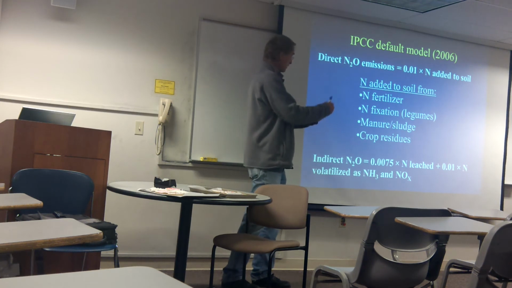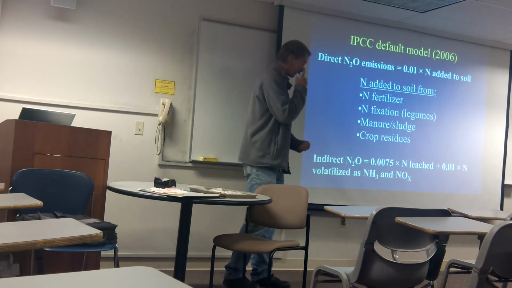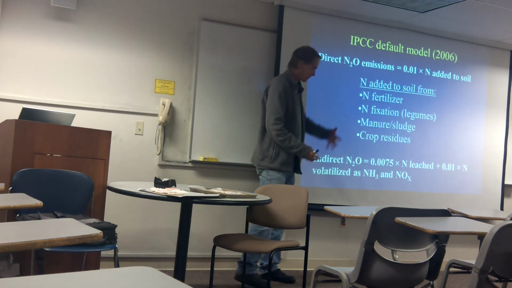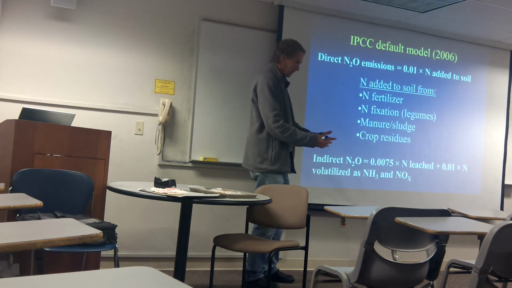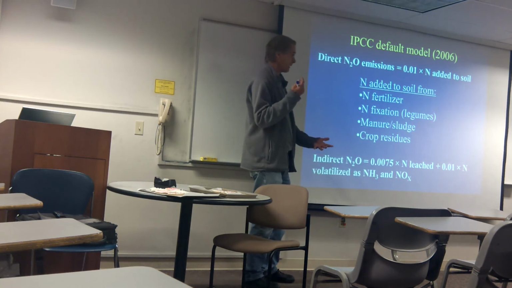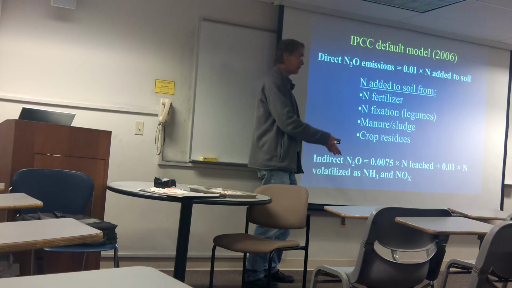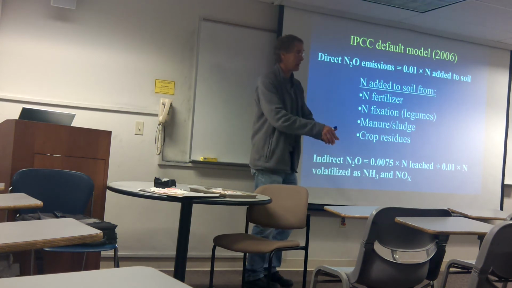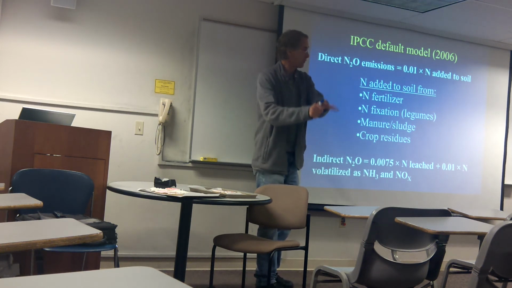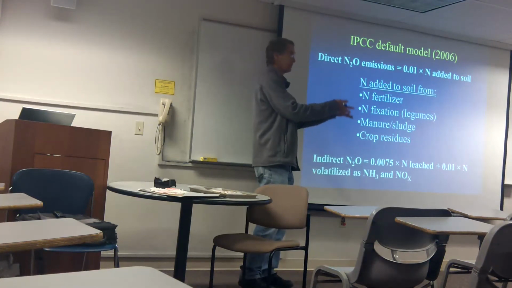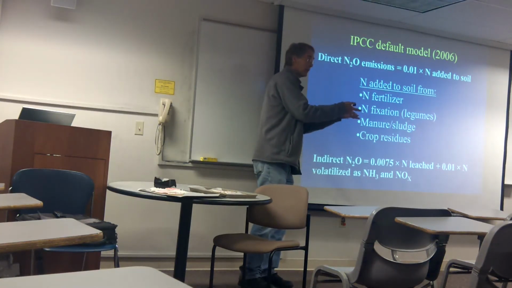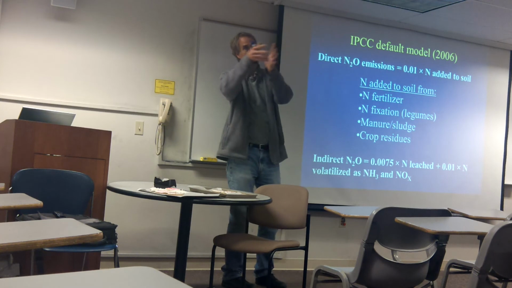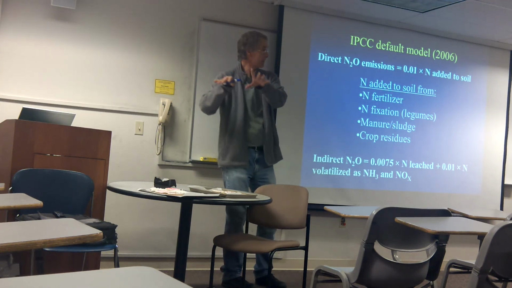But there are other loss processes, so some of this can also be volatilized as ammonia gas, or it can be leached as nitrate that goes down into the groundwater and comes up somewhere else. Likewise, that volatilized ammonia can go up, but eventually it gets deposited in some other ecosystem.